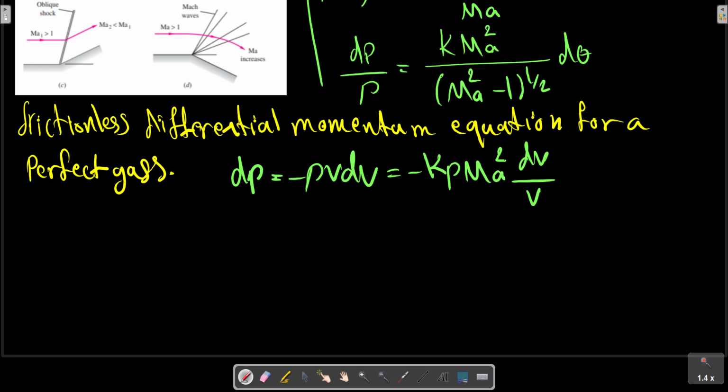Combining these equations to eliminate the dP, we obtain a relation between turning angle and velocity change, which is d theta.